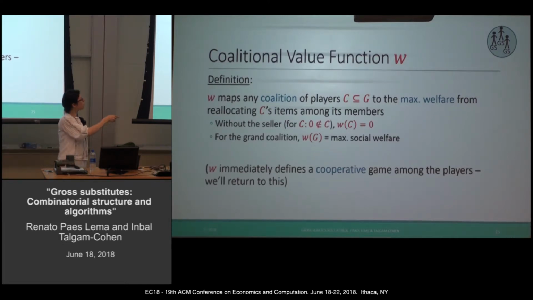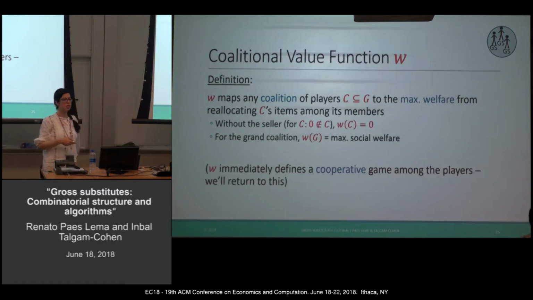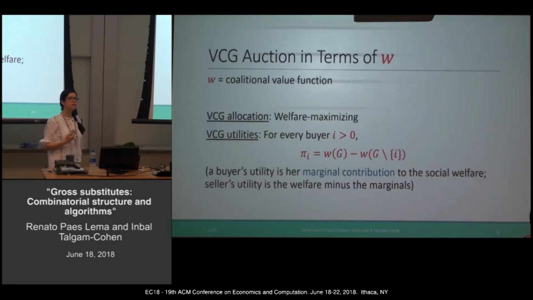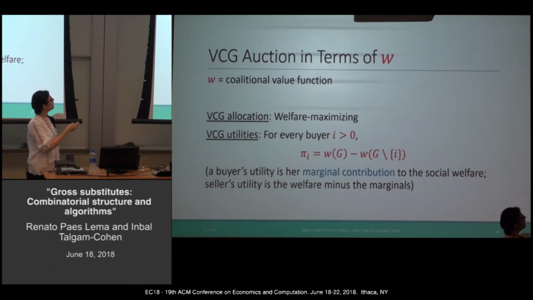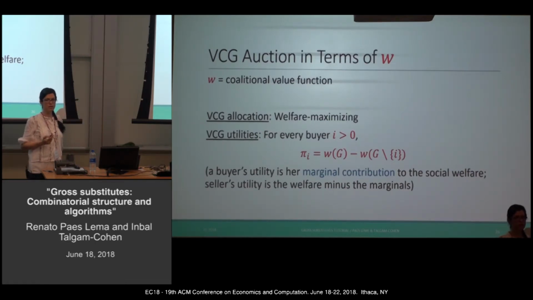And also notice that if you have this W defined, then this immediately defines a cooperative game among the players, and we'll get to this in a couple slides. Okay, so now I can rephrase the VCG auction in terms of this coalitional value function. Here's how. Well, the allocation is just the welfare maximizing allocation. This is by definition a welfare maximizing auction.